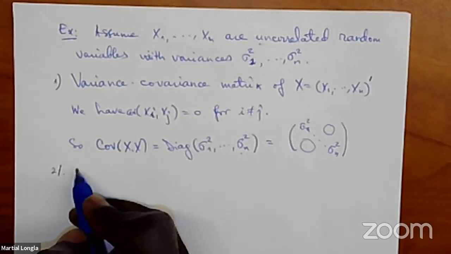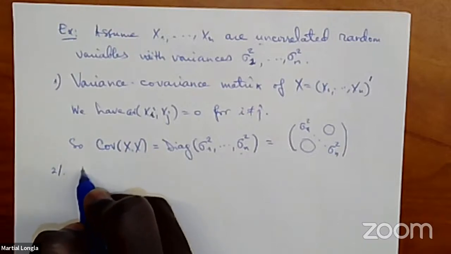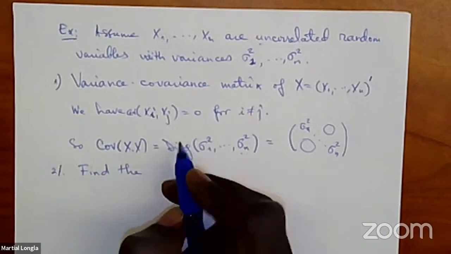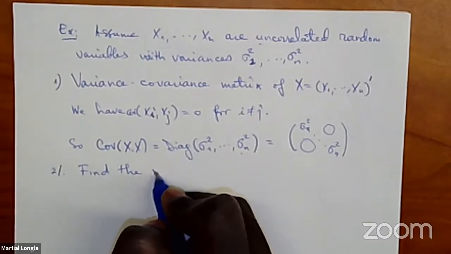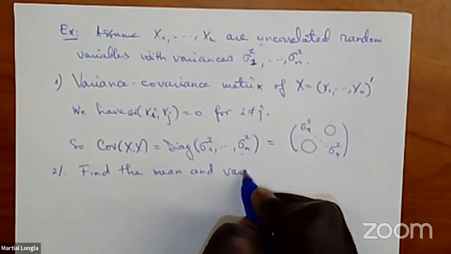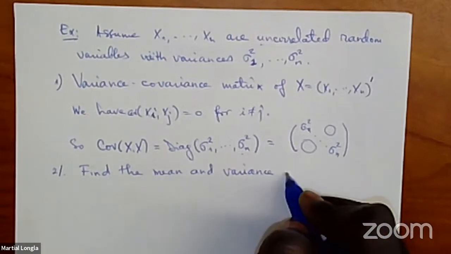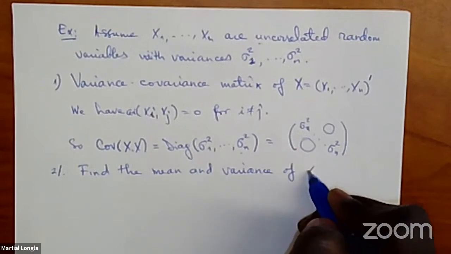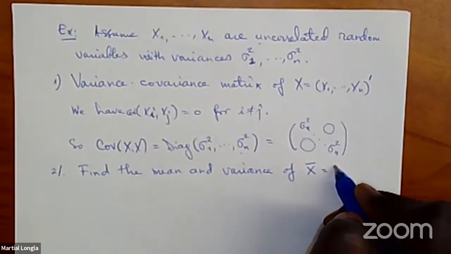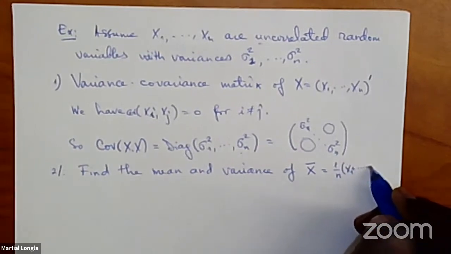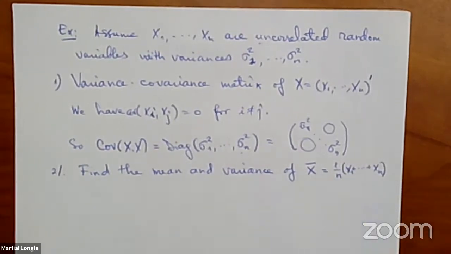Question 2: find the mean and variance of x bar, which is equal to 1 over n times (x_1 plus down to x_n).